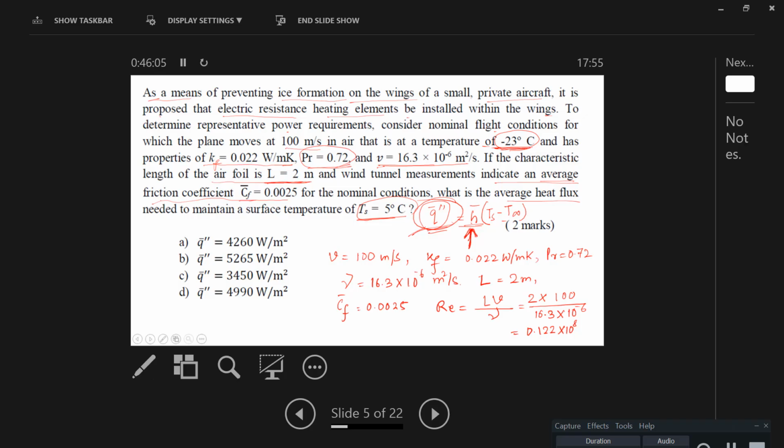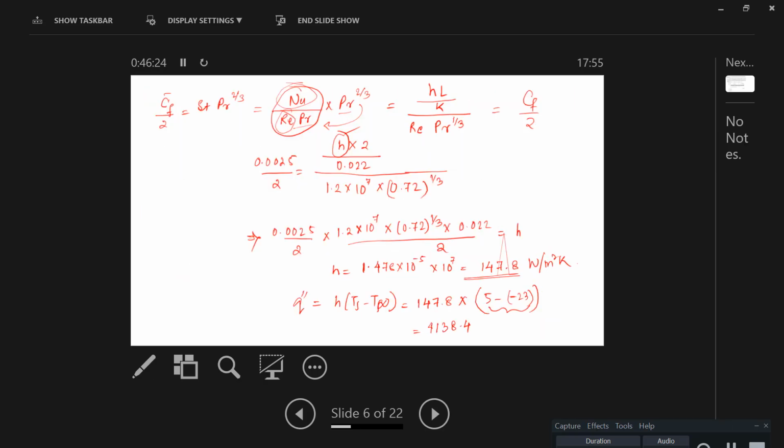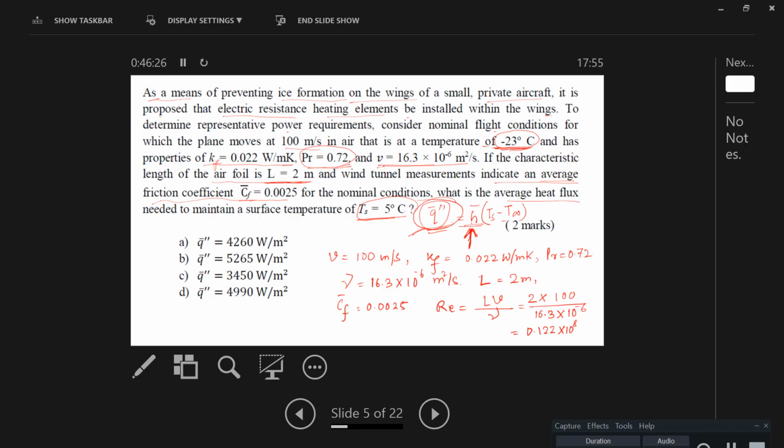Yeah. So which one is the option here? Option A. Yeah, so it is almost near to option A. So it will be option A only. So this also you got it right.